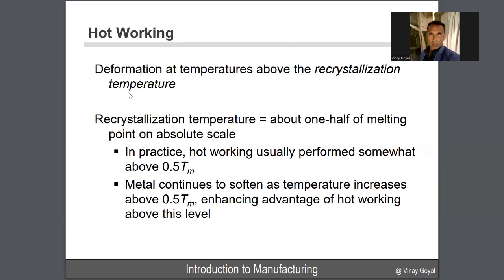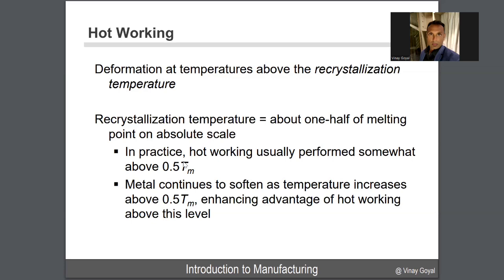With hot working, what I'm doing is deformation at temperatures above the recrystallization temperature. The recrystallization temperature is about one half of the melting point on the absolute scale. So in practice, hot working is usually performed somewhat above 0.5 times the melting temperature of the material, and the metal will continue to soften as the temperature increases above 0.5 times the melting temperature.